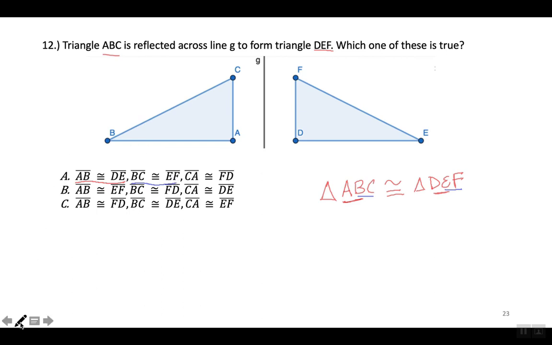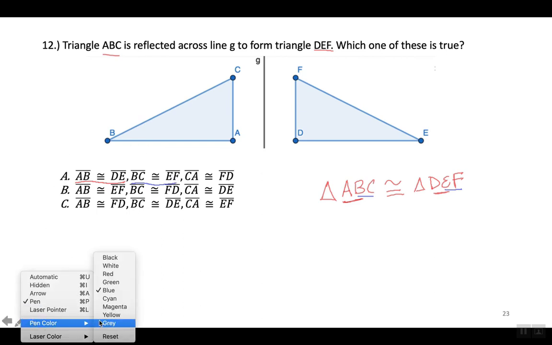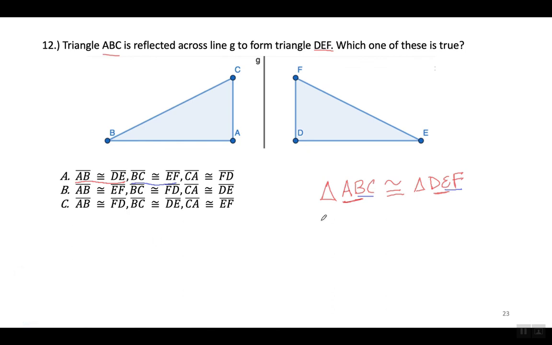Okay, now the last one is a little bit of a trick question, a little bit. Okay, they say side CA. All right, CA is the third letter with the first letter. So it corresponds to the third letter with the first letter, which is FD.